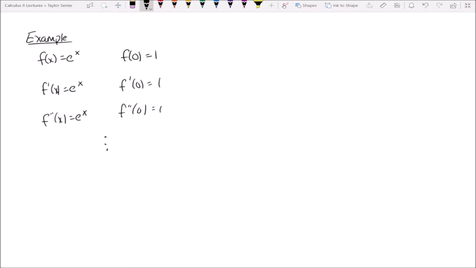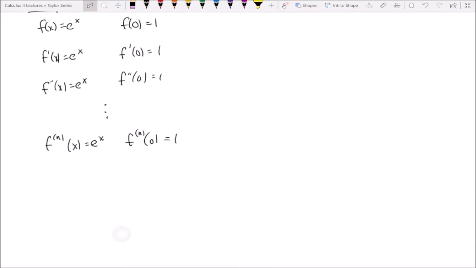Well, the pattern should be pretty obvious. The nth derivative of f is e to the x, which means that the nth derivative evaluated at 0 is 1. So what we get is the series n equals 0 to infinity of 1 over n factorial times x to the n.